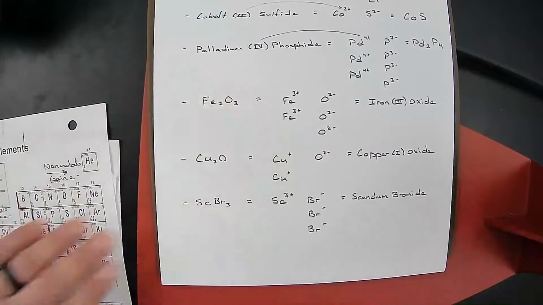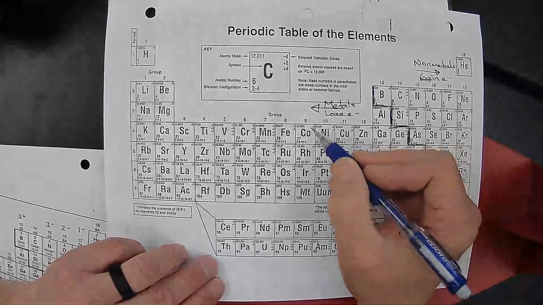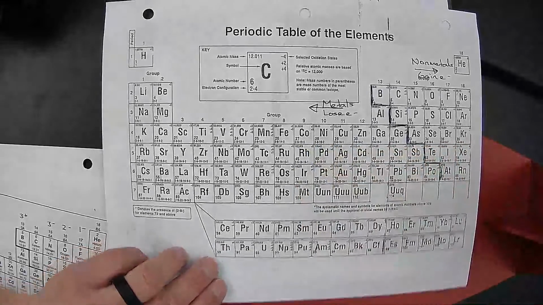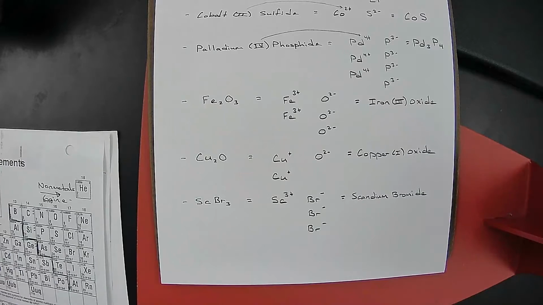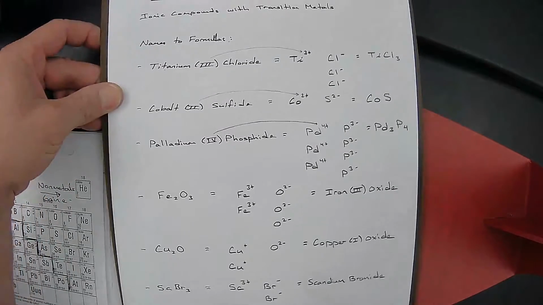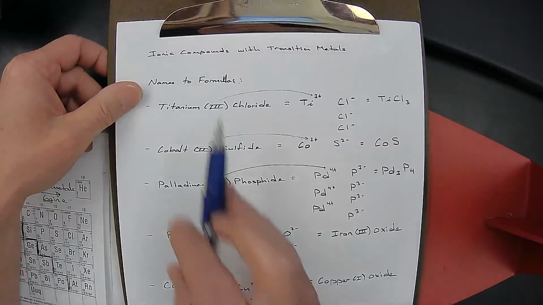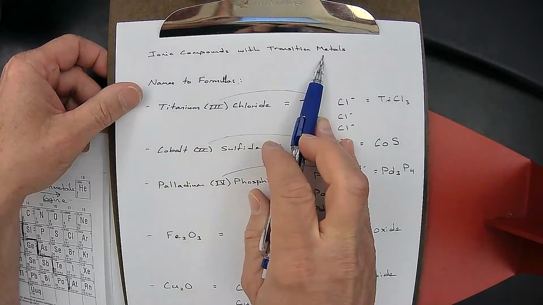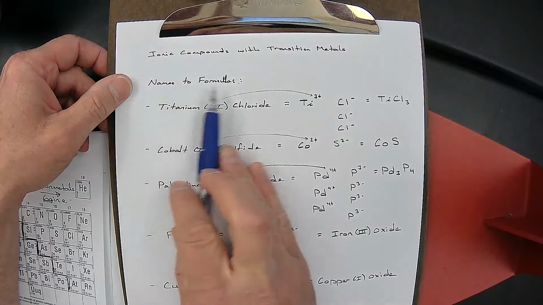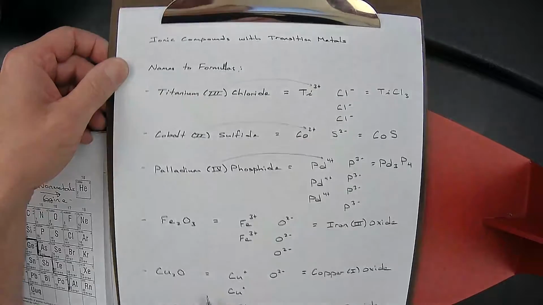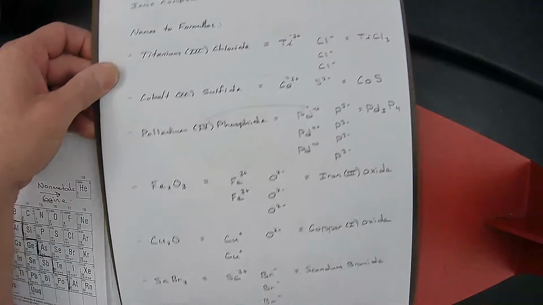The only time we include a Roman numeral is when there are multiple options for the transition metal charges. I hope this helps in understanding ionic compounds, including transition metals, going from the names to the formulas and from the formulas to the names.